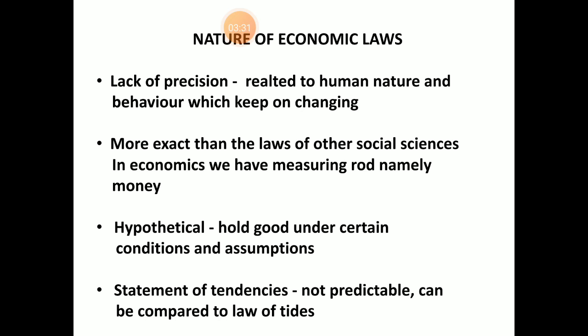They are true in all places and at all times. But the laws of economics are different in that they are not as precise and exact as, for example, the law of gravitation. This is so because the laws of economics are related to human nature and behavior which keep on changing.